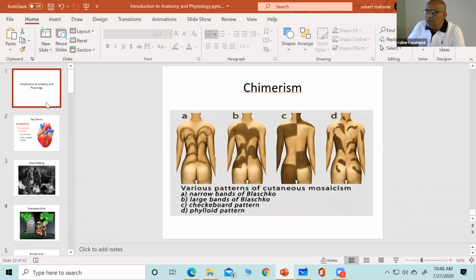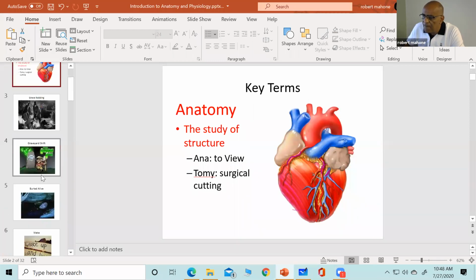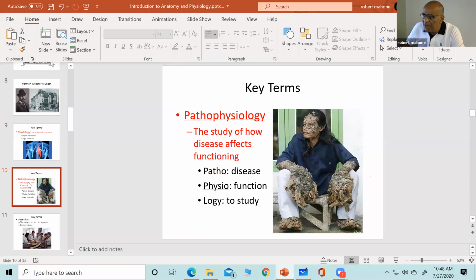All right, so let's go back and make sure we've got everything that I want y'all to have in your notes. Anatomy is the study of structure. Physiology, the study of functioning. Pathophysiology, how disease affects functioning.